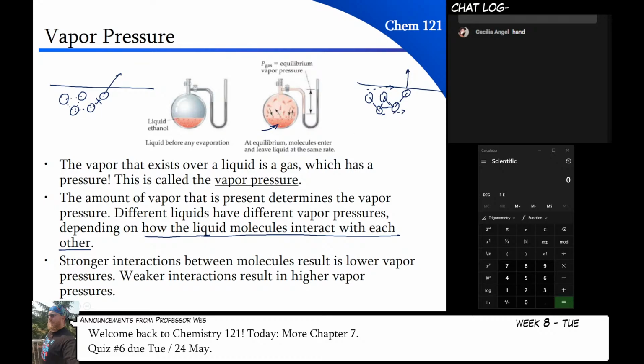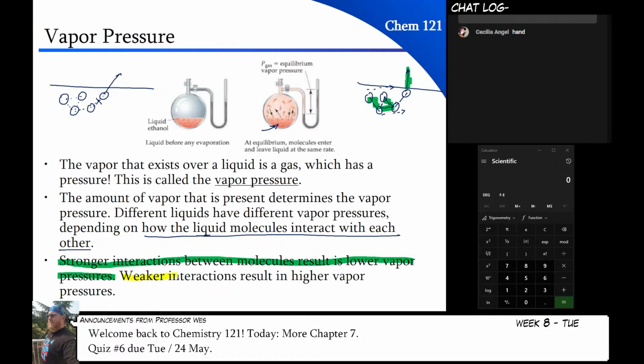The conclusion that we're going to draw here is that if you have molecules that interact with each other strongly, the vapor pressure will be lower, for the reasons that we mentioned. If the interactions are really strong, it's very difficult for this to happen. It's very hard for molecules to escape to the vapor phase.